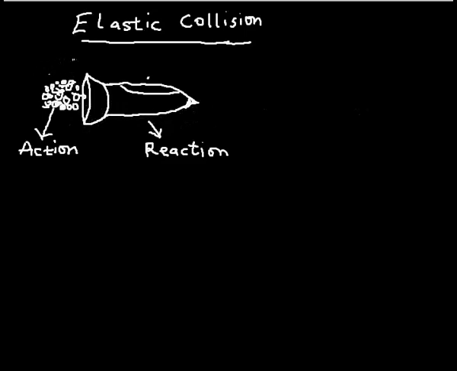Now, to illustrate this, let's look at the rocket. A rocket has a jet engine inside of it, where a chemical reaction takes place that causes the jet engine to issue gases at a very high velocity, and of course momentum.